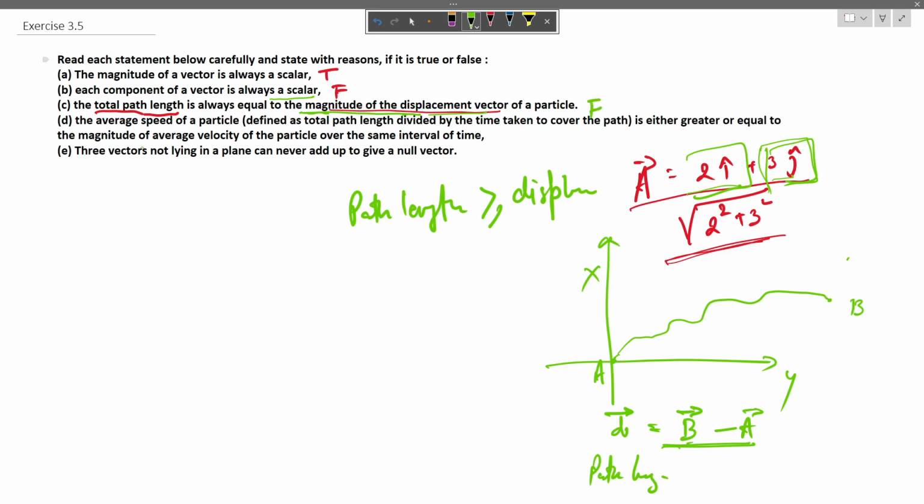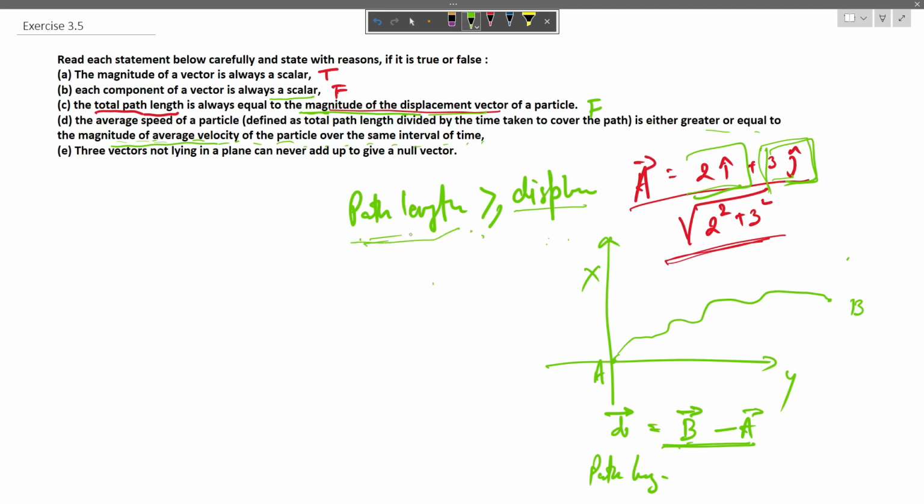Now in the fourth option we have: average speed of a particle, defined as total path length divided by the time taken to cover the path, is either greater than or equal to the magnitude of average velocity of the particle over the same interval of time. The definition of average speed is path length divided by total time taken, and the magnitude of average velocity is the total displacement divided by time taken.